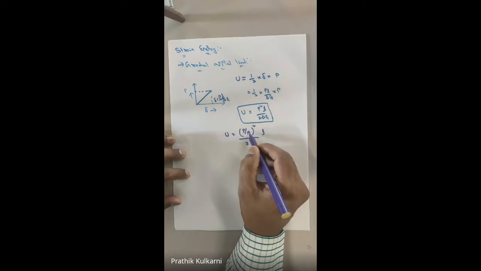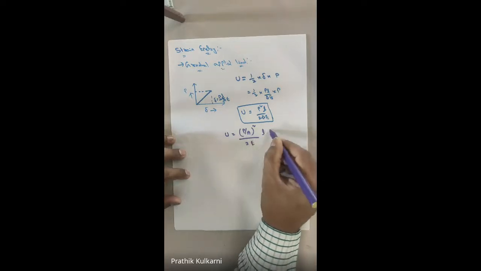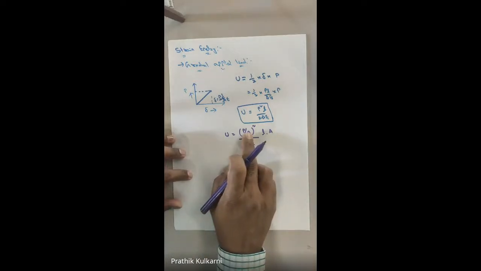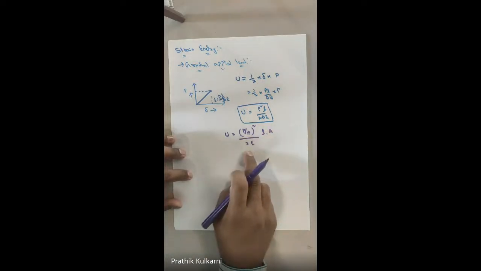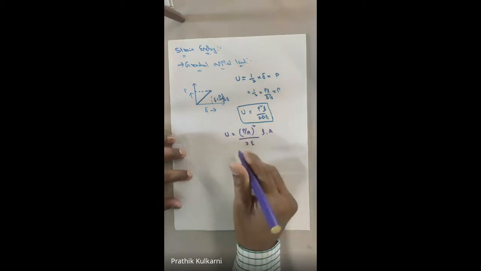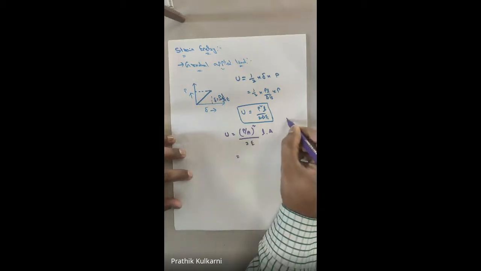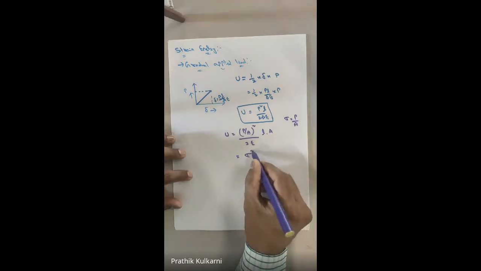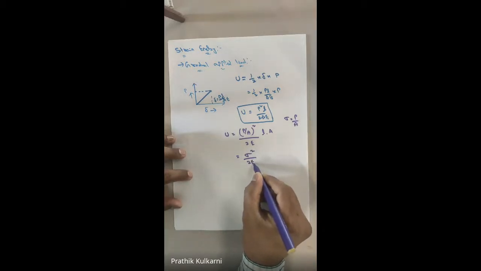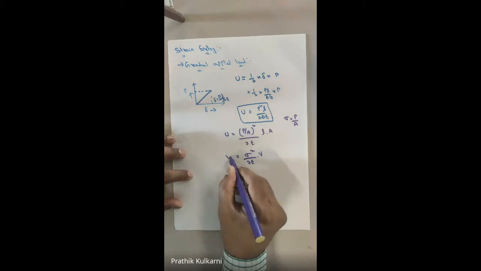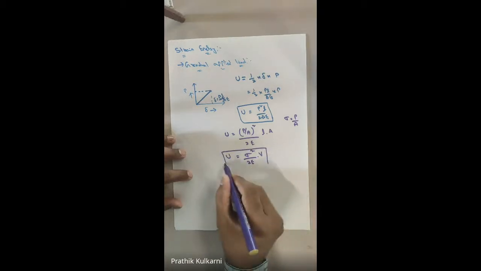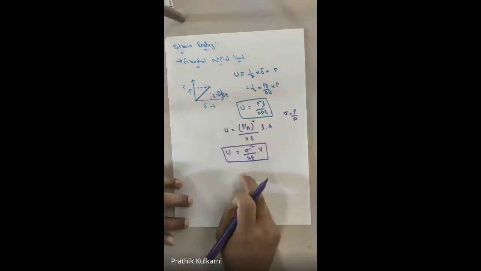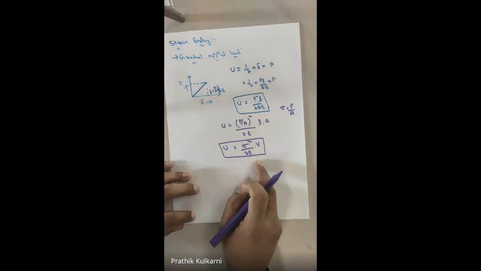A square, right? So if I multiply A over here, then it is equal. If it is A square, then A square into A cancels and A will come down. Fine. Now this P by A, what is stress? Stress is equal to load upon its area. So can I write this as sigma square by 2E into its volume? This equation I think you have learned in your examination. So U is equal to sigma square by 2E into its volume.